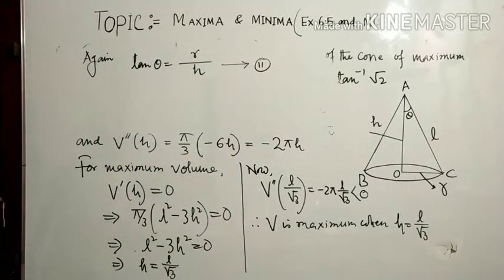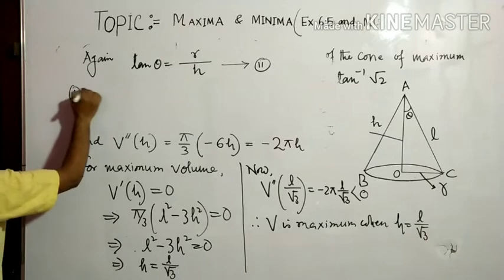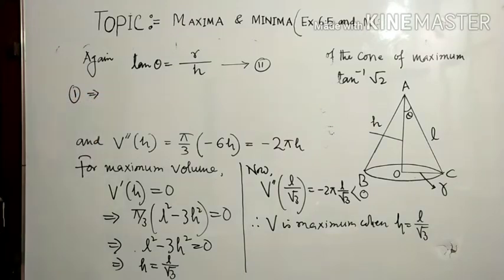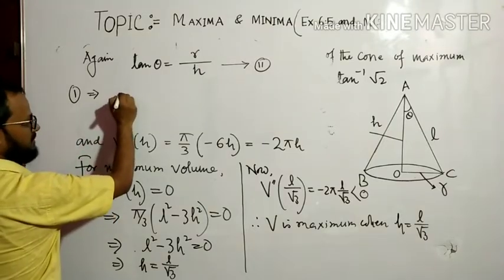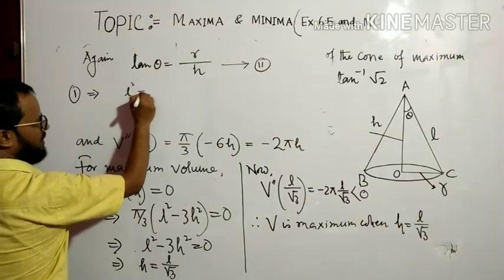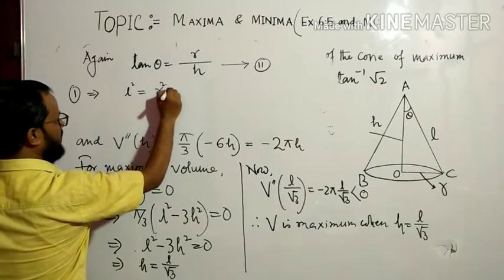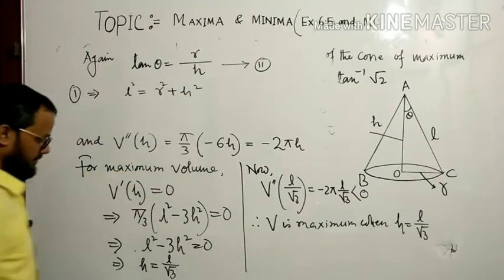Okay, now 1 implies, in 1 what was there, L square is equal to R square plus H square.